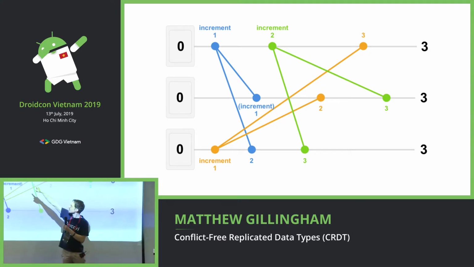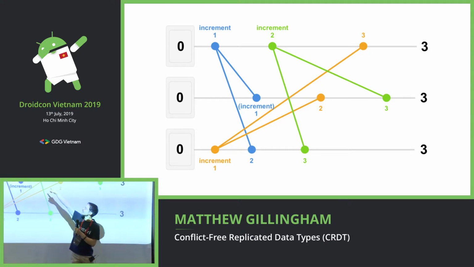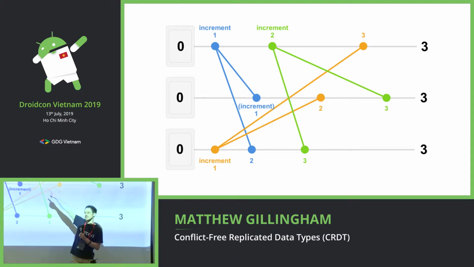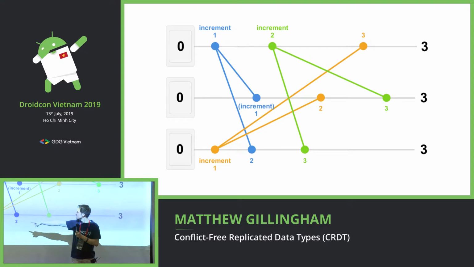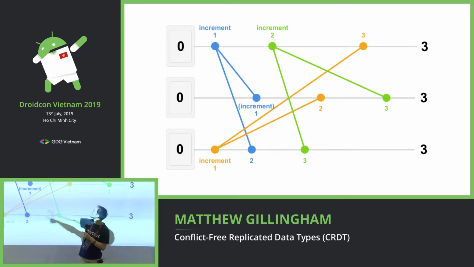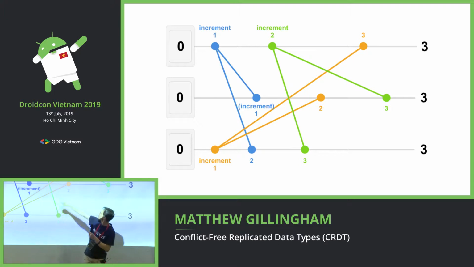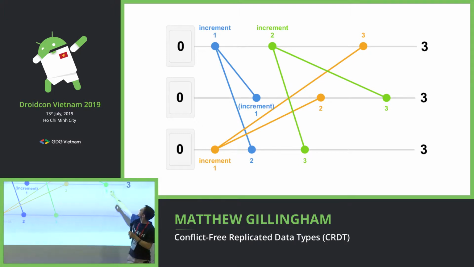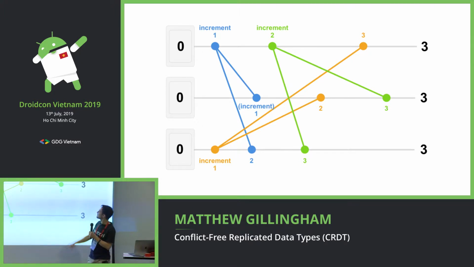I should mention they all start at 0. That one sends an increment command, updates its value to 1, and tells the other devices to increment to 1. This one does an increment, does its own command, tells the other ones to increment, and here gets the 2. So the system has 3 increment commands.